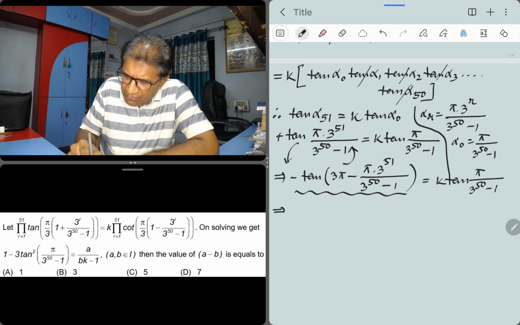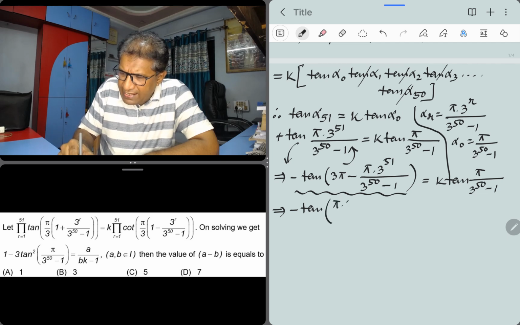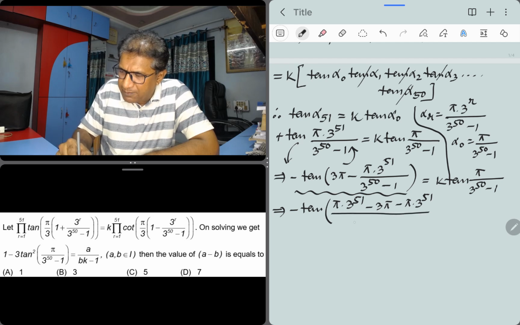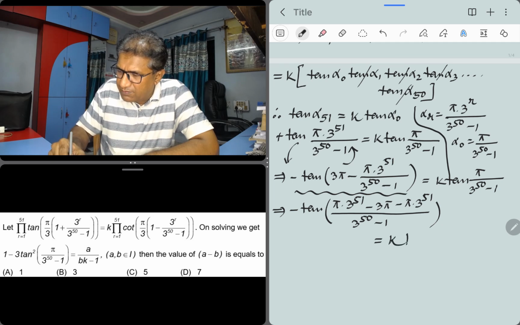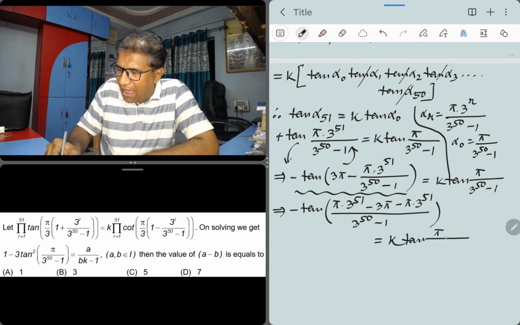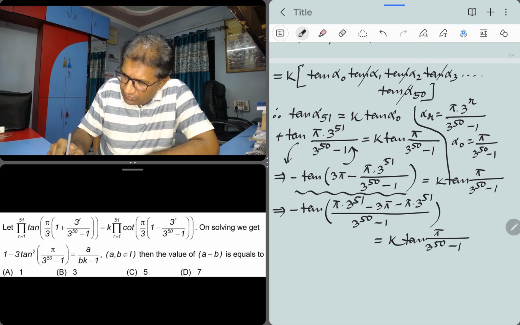Well, if we simplify the inside, we are going to have pi into 3 to the power 51 minus 3 pi minus pi into 3 to the power 51 divided by 3 to the power 50 minus 1. This is equal to k times tan pi over 3 to the power 50 minus 1. Now, this thing and this thing goes off.